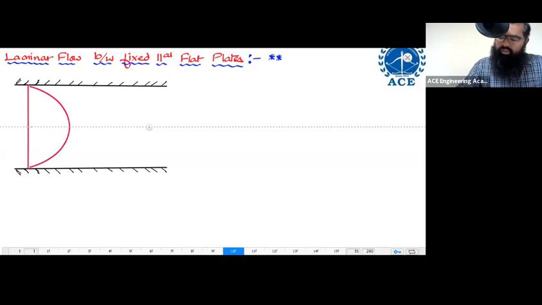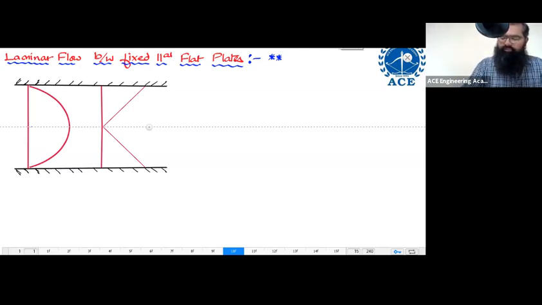Then I'm going to look at the shear stress profile. Shear stress profile is going to be linear in nature. Equations will be written, don't worry. It is going to be linear in nature, something like this.